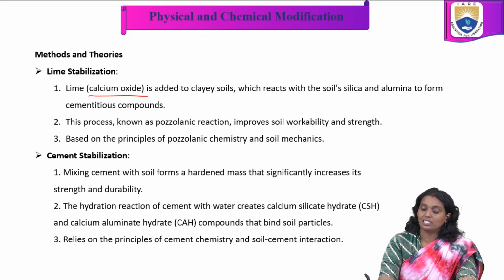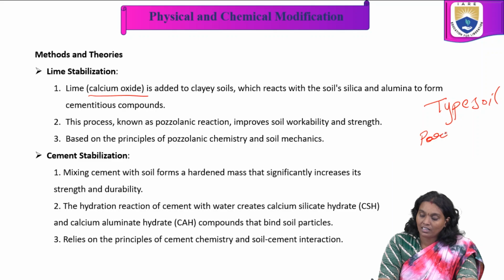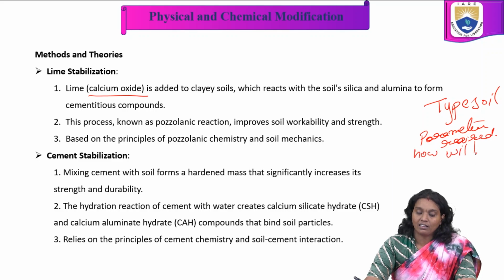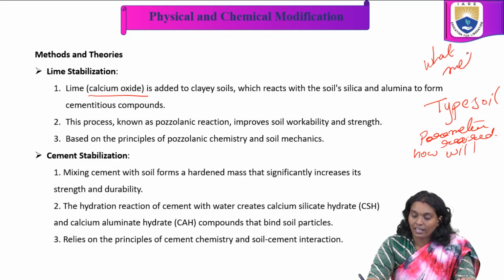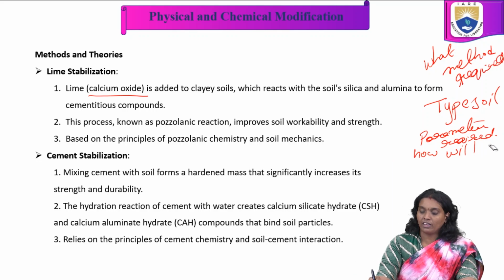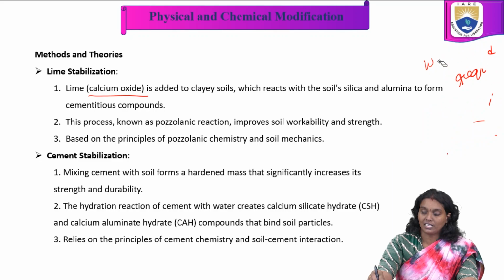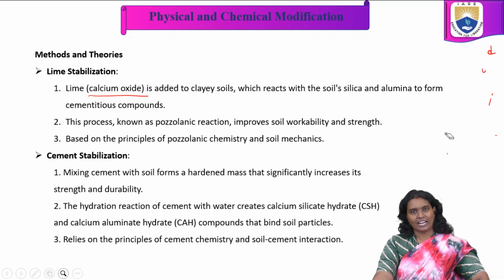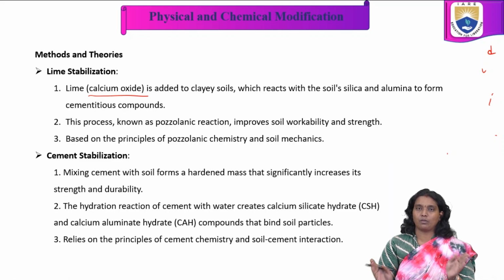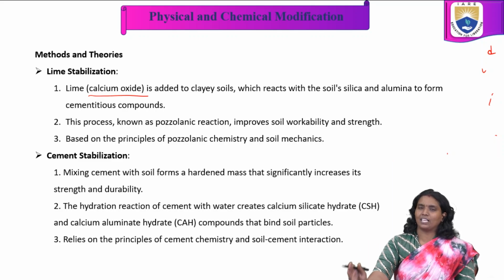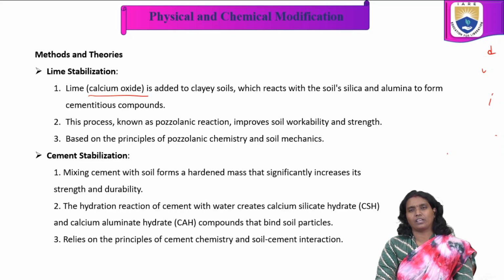Here also we have to understand what type of soil it is, what parameters are desired, what the required parameters for the project are, and what method is better for getting the desired property. So we are going to choose the method for modifying the soil depending upon the various parameters and the desired outcome, to get the optimal solution from that particular modification point of view.